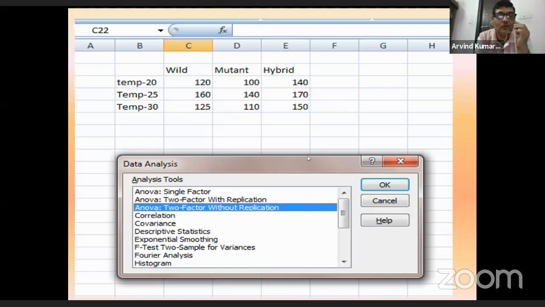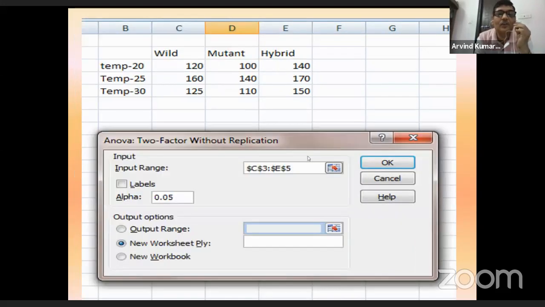We will click 2-factor without replication. Then all these numerical or quantitative values have to be selected. When you select it, the entire quantitative value will come in the input range. Then you click OK. When you click OK, you will get this particular table.